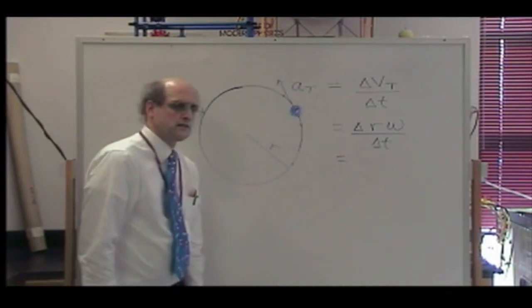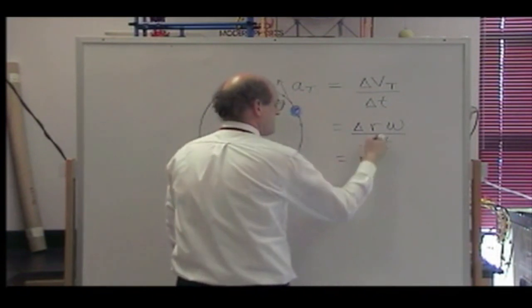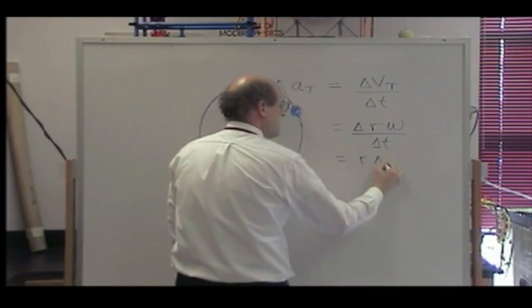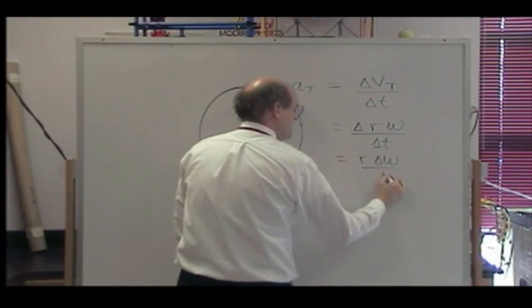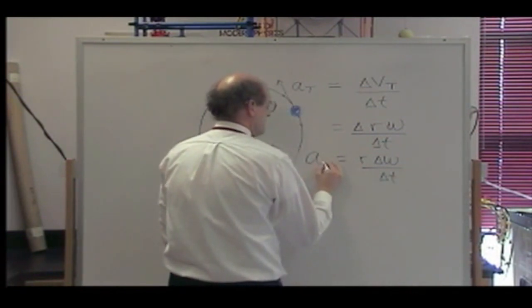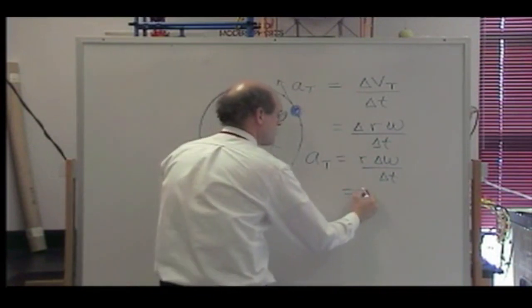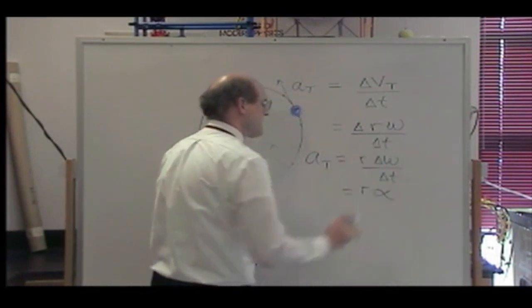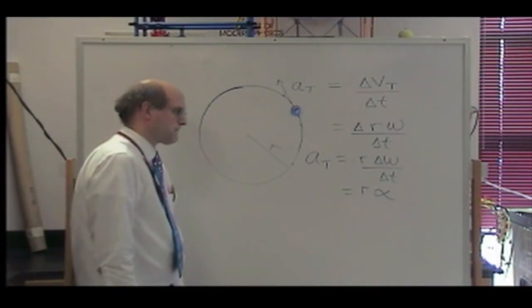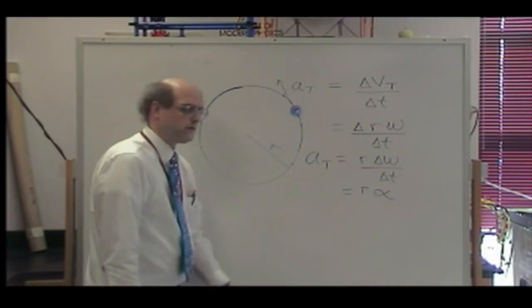Since the radius is a constant, we can write this as r delta omega over delta t, where the tangential acceleration then is equal to r times the angular acceleration, symbol alpha.